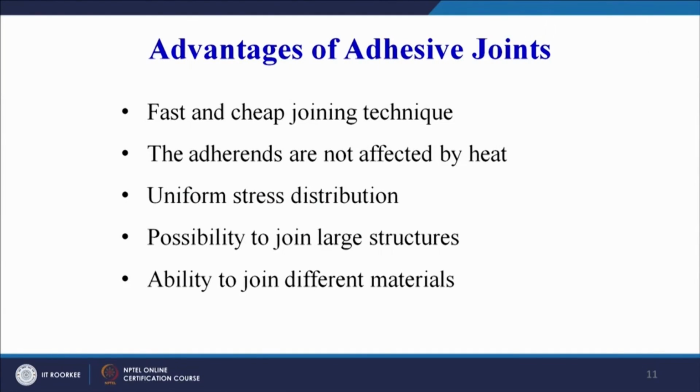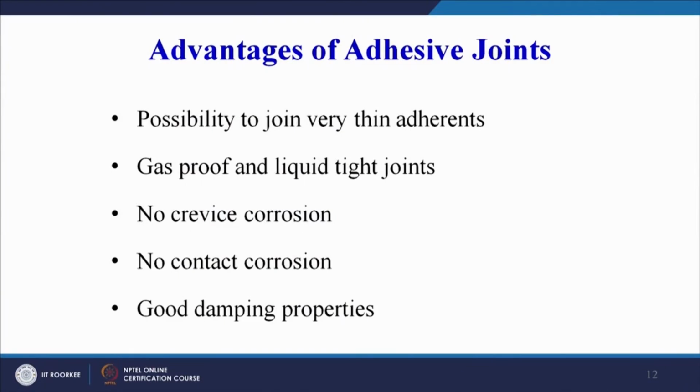Their ability to join different types of materials is a good advantage of adhesive joining. There is a possibility to join very thin adherents. They can make gas proof and liquid tight joints. Adhesive joining has that capability. No crevice corrosion, no contact corrosion, good damping properties.